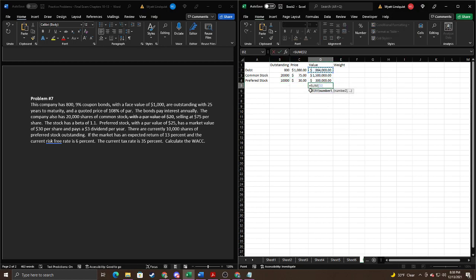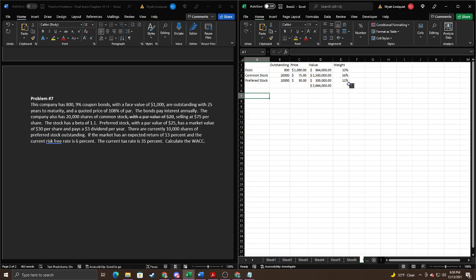And now to get the total value of all sources of financing, we're just going to take the sum of all of them, and then to get the weight, we're just going to do the value divided by the total value. And we're going to F4 this last one to get the weights. So that's that.